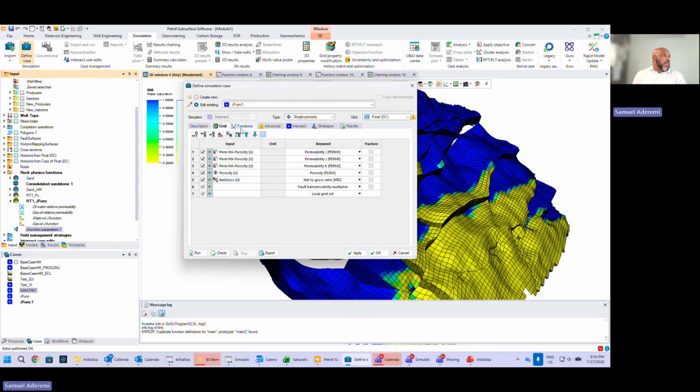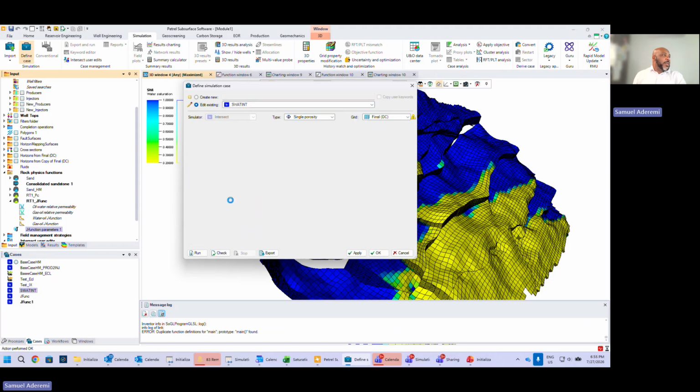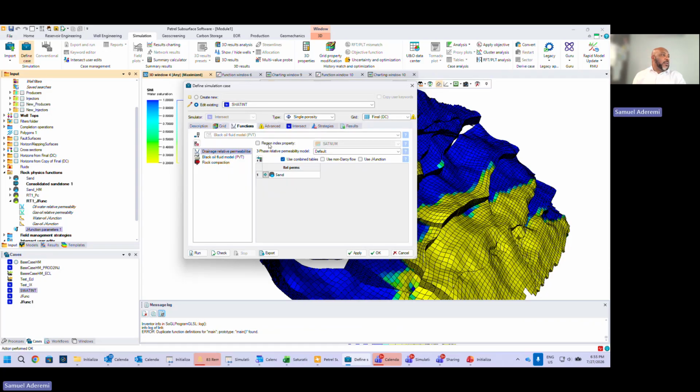Then also the SWATINIT approach, where you really need to append the water saturation and provide the capillary pressures that will be scaled to match the initial water saturation that you have provided. And like I said, if you try to mix them together, the system will default to SWATINIT. So you wouldn't want to do that.